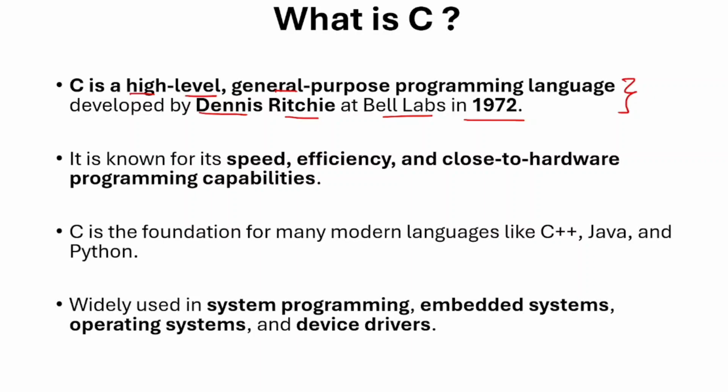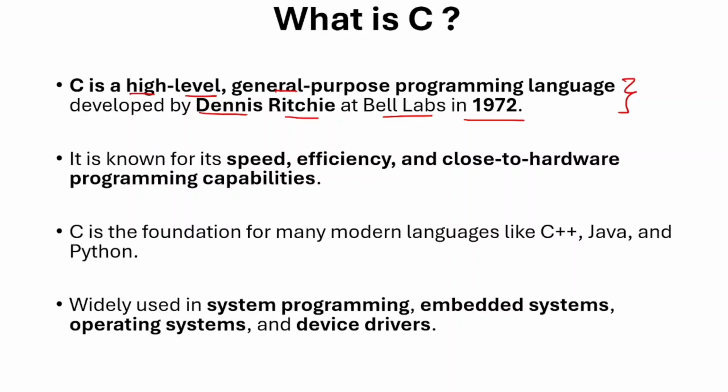And some people say C is a middle level language. Why is it a middle level language? By using C you can achieve both high level language features as well as low level language features. You can develop applications, normal software, normal programs.